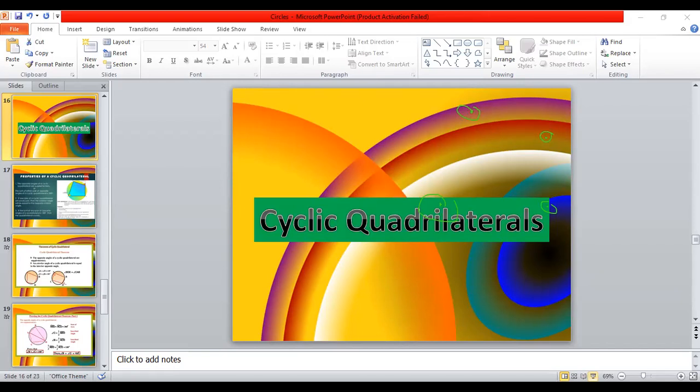Vertices means plural. So we have here the four vertices that should touch the circumference of the circle. As you can see on the diagram, all of the vertices should touch the circumference of a circle. That is what we call a cyclic quadrilateral.